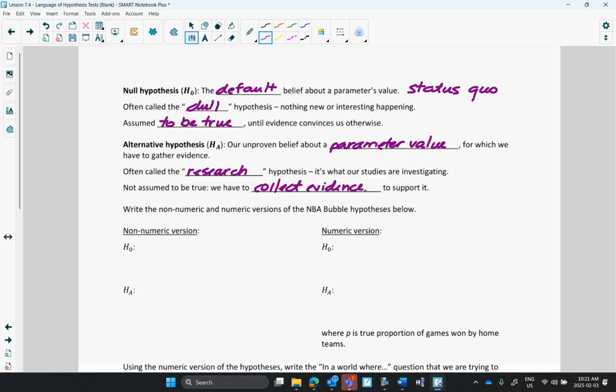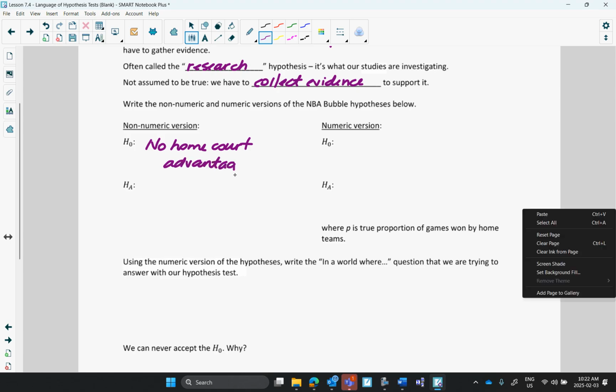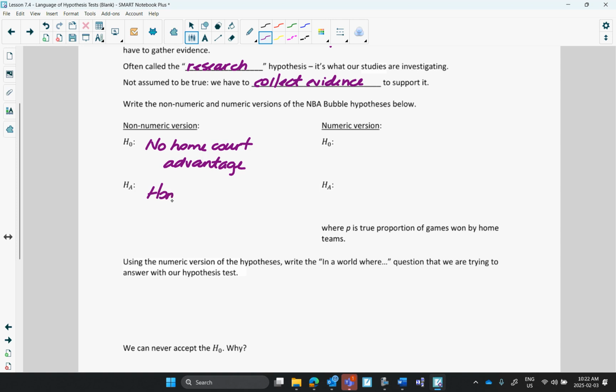Okay, so going back to the example we've been working on, this is how we would set these up. Sort of a written version I'll write, and then the one that we normally write, the numeric, where we involve numbers. So remember we said no home court advantage. And what we were trying to collect evidence on was home court advantage. But we normally don't write it out using words like that.